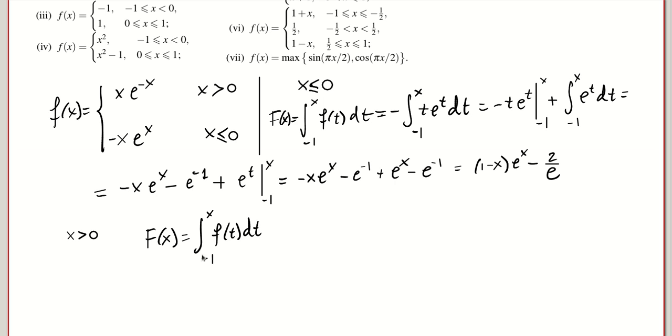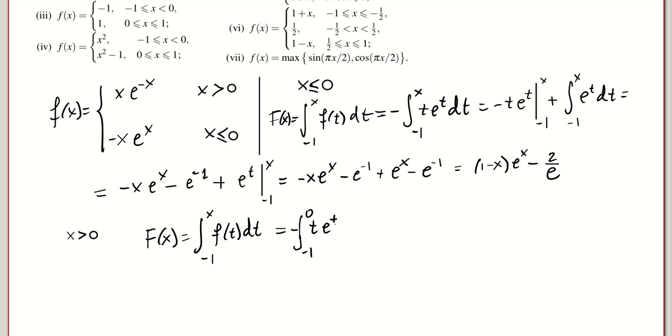Now the problem is that in this interval, the two definitions of the function appear. So what we have to do to avoid confusion is to separate out the interval where the function is defined like this. So here you have minus t e^t, using t, it doesn't matter because now the two limits are numbers, but just to keep the notation consistent.